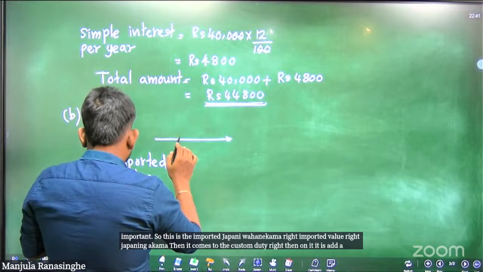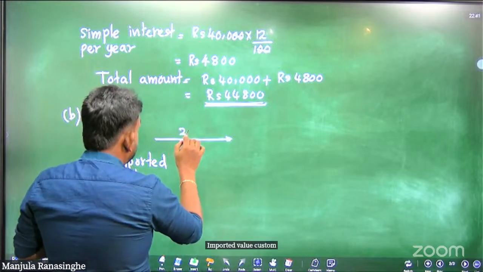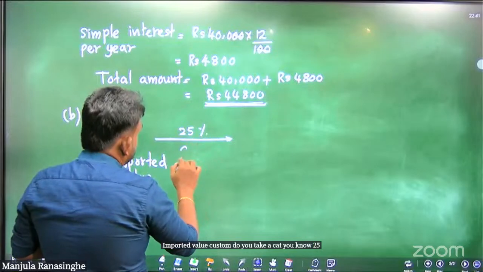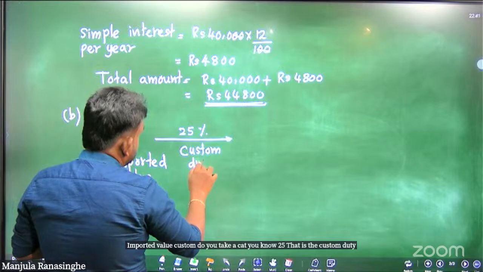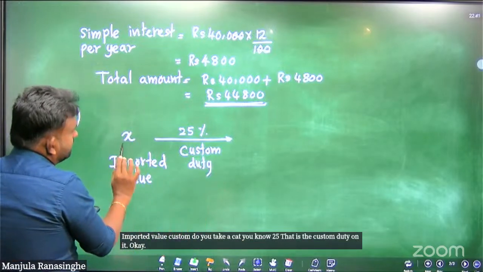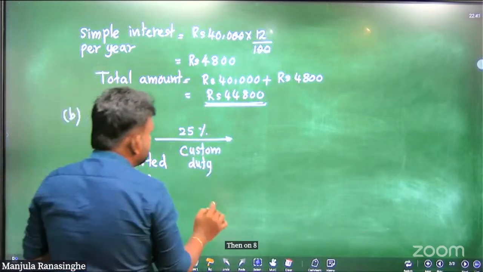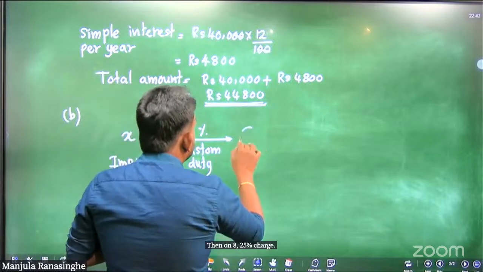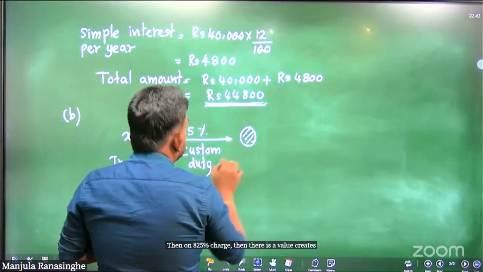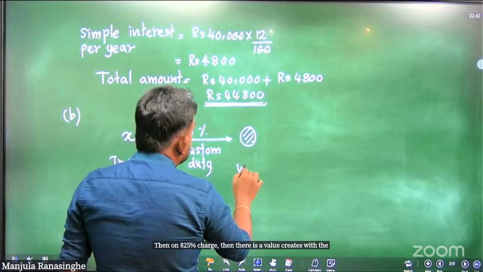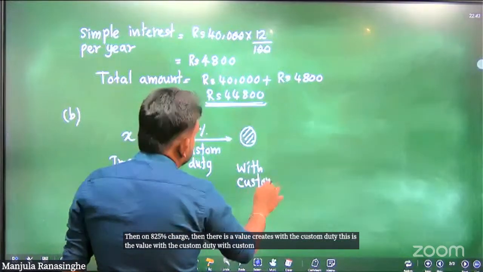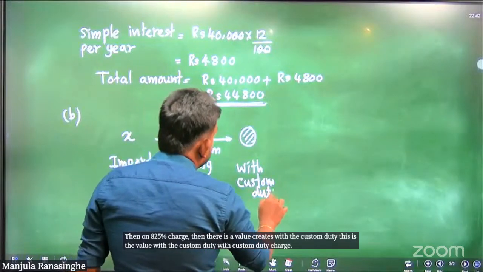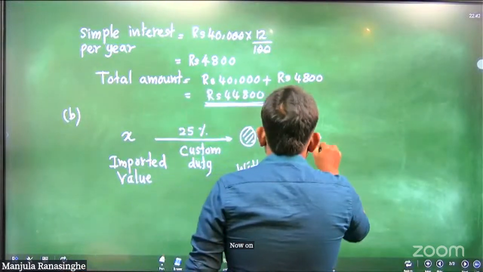That is the custom duty on it. Then there is a value with the custom duty charge. Now on it, they apply a profit.